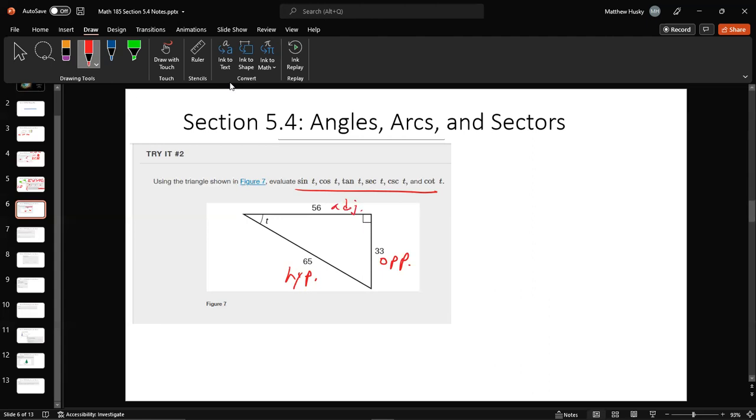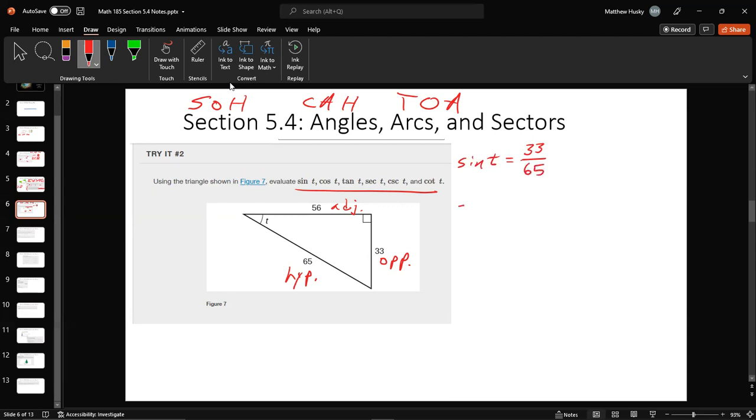And so again, remember SOH-CAH-TOA. If you learn nothing else from this unit, know that it is the cornerstone that all of trigonometry is built upon. So anyway, let's do this here. It's going to be awesome. All right, the sine of T. That's going to be the opposite over the hypotenuse, 33 over 65.